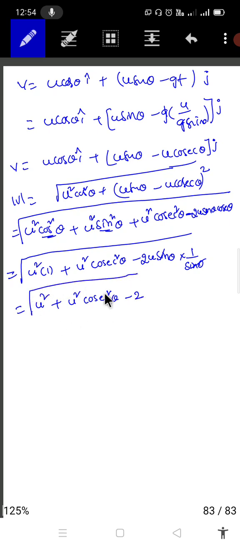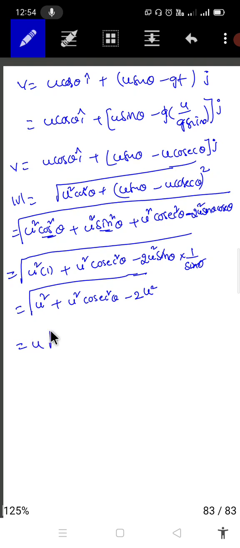Actually there is a u here, 2u square, sorry, 2u square. Now I am going to take the common factor u square out.